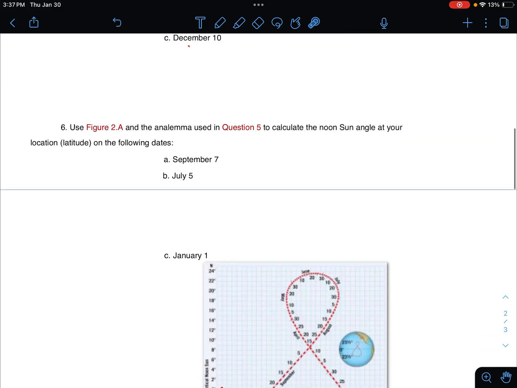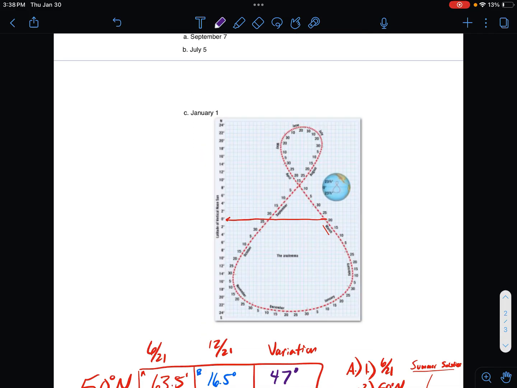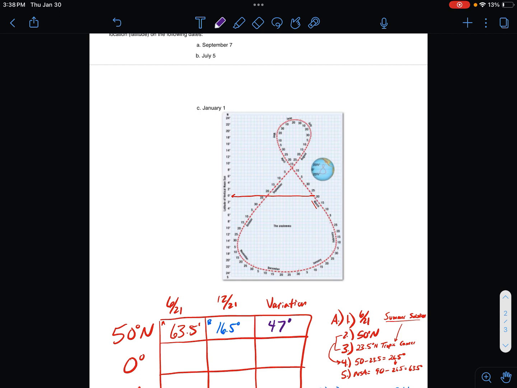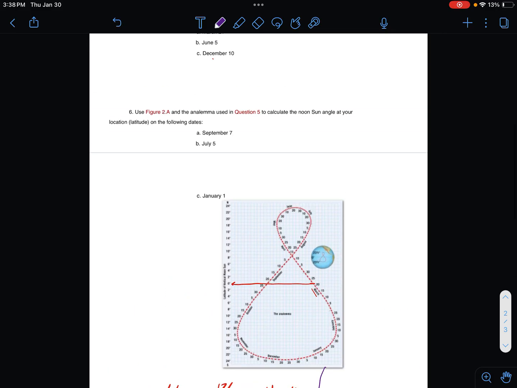Then for number 6, we're going to do this noon sun angle one more time. Only now this analemma effectively gives us the answer to the third step. That's what you're doing. So that's the answer to number 3 in our 5-step process.